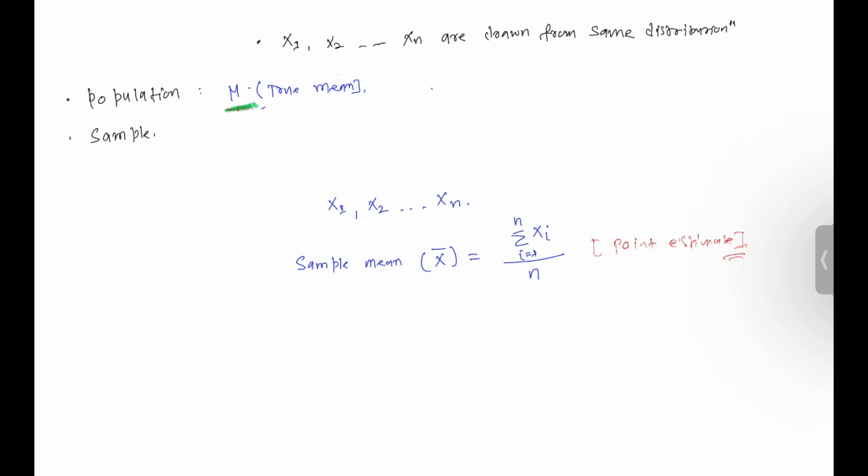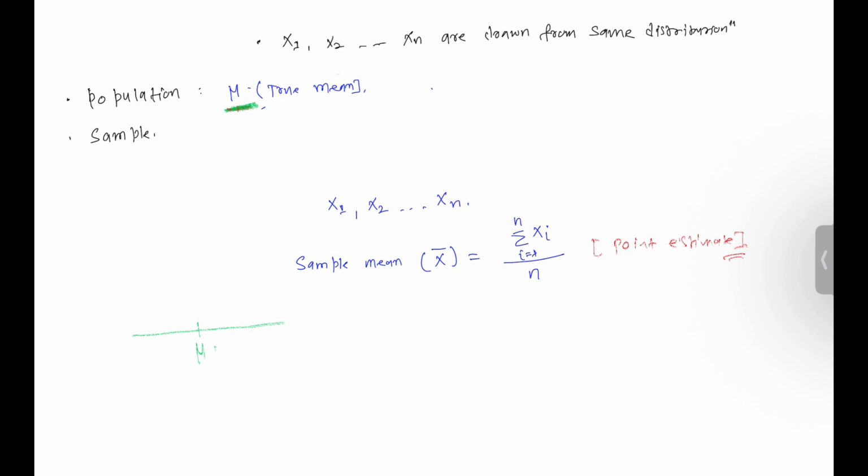Now the true mean is a fixed value, right? This true mean exists for the whole population, but we don't know what it is. This quantity is unknown, and we are trying to estimate it using some range or interval based on our sample.